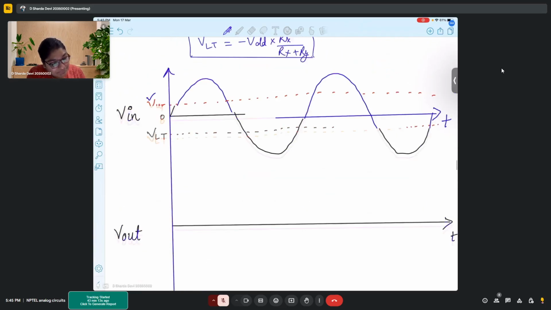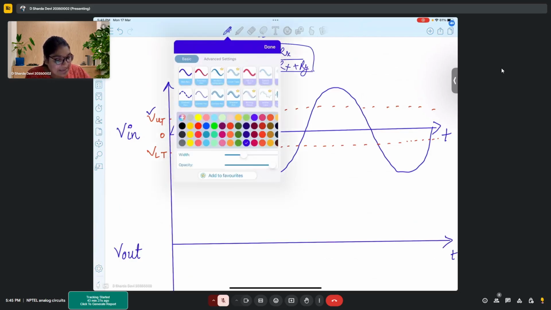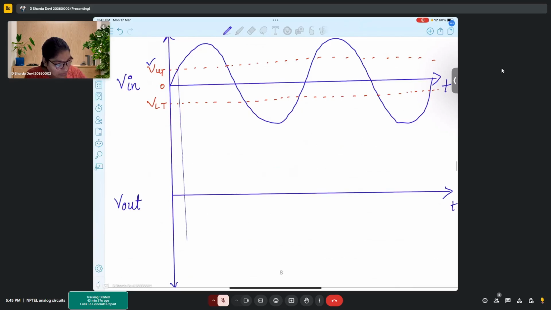So now see, your reference has been set to VUT. That is because we said that initially the output was plus VDD. Somehow our output was set to plus VDD.